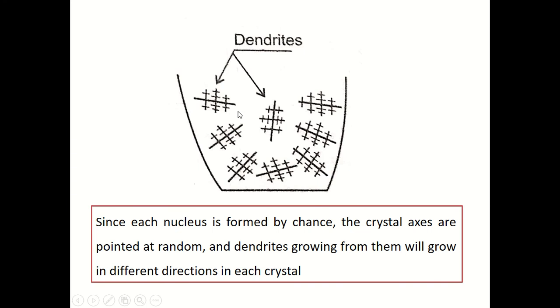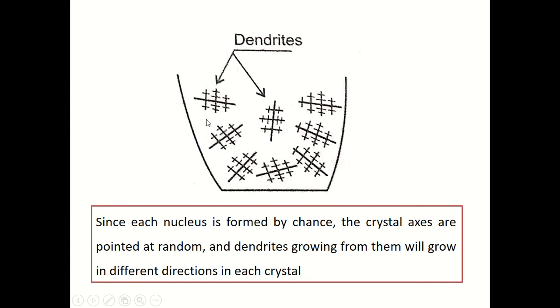You may please note that each nucleus is formed by chance. You can see that the crystal axes are pointed at random. If this is a crystal axis, all the crystal axes are pointed randomly, and the branches, I mean the dendrites growing out from them, will grow in different directions in each crystal. So this is a dendrite, this is a dendrite.